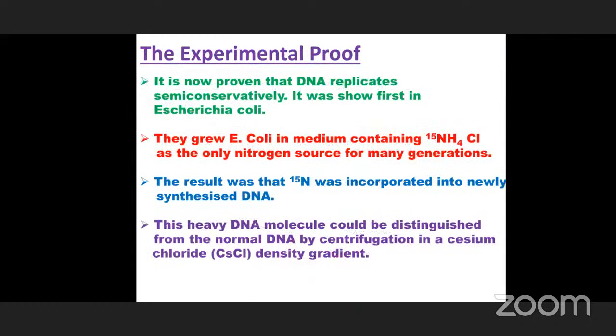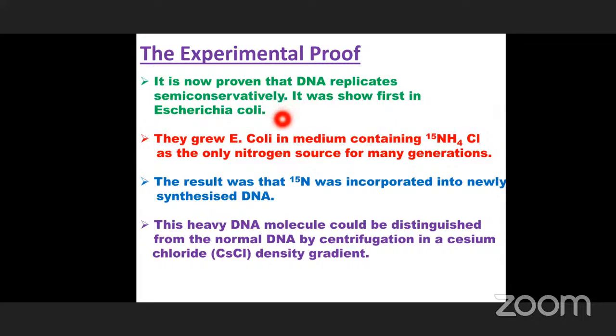So next, let us discuss the experimental proof. This experiment was conducted by Meselson and Stahl. These two scientists conducted this experiment. In this experiment, it is proven that DNA replicates semi-conservatively.